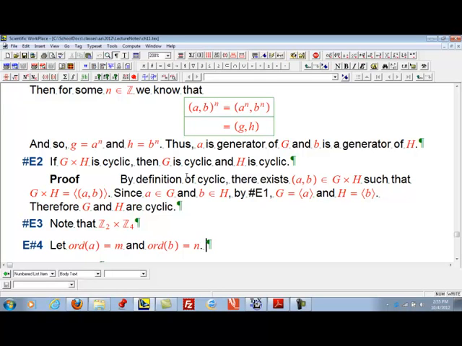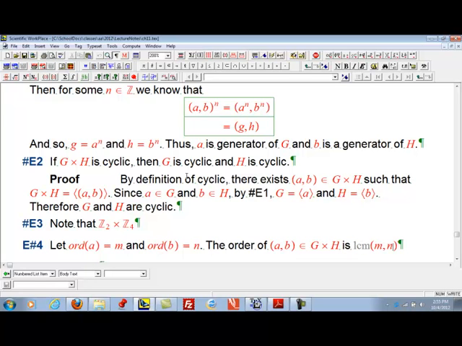Then the order of ab in G cross H is what? Yes. Least common multiple of m and n.